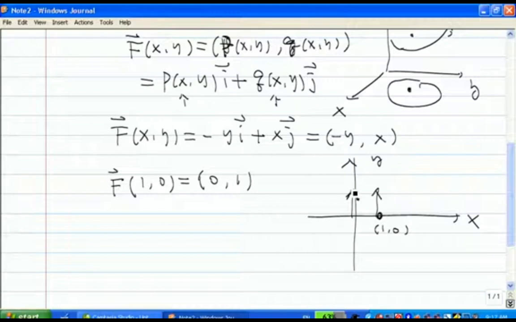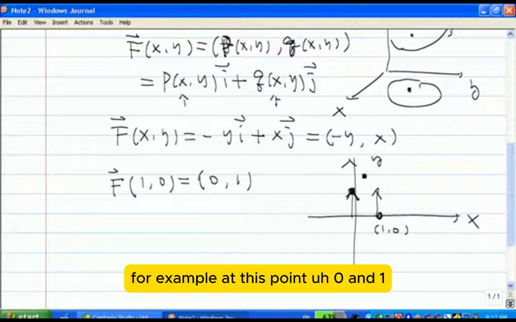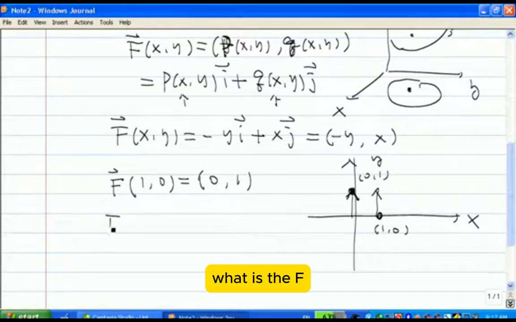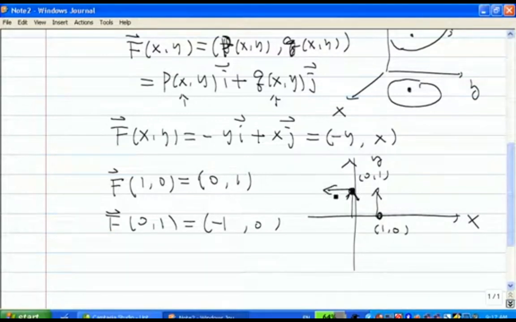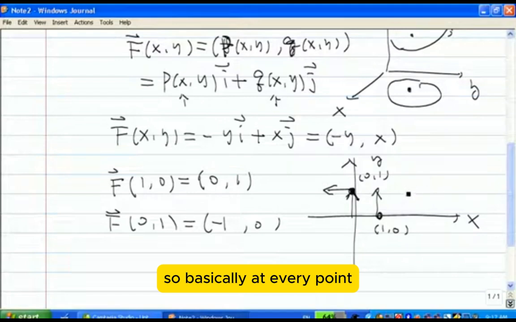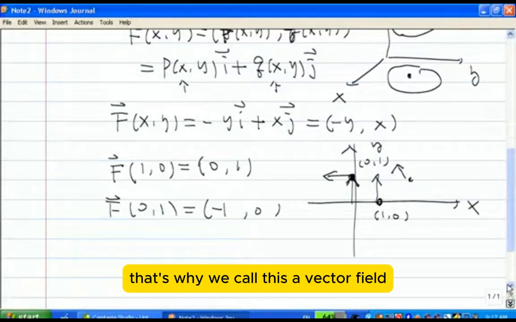Then for example, at this point (0, 1), what is F(0, 1)? Replace x by 0, replace y by 1, so you get minus 1, which gives you this one. So basically at every point, for given x, y, you plug in there, you get a capital F, which is a vector. So its graph is a vector field. That's why we call this a vector field.